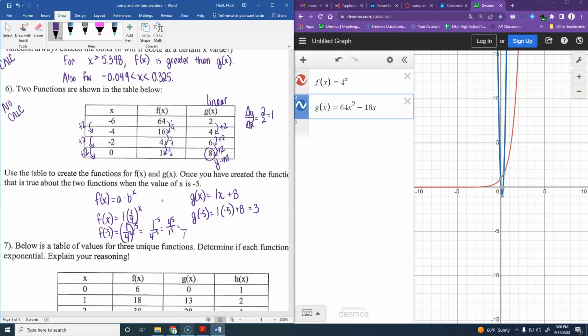What is 4 to the 5th power? It's just 1024. So we would get 1024 here. Okay. Questions?